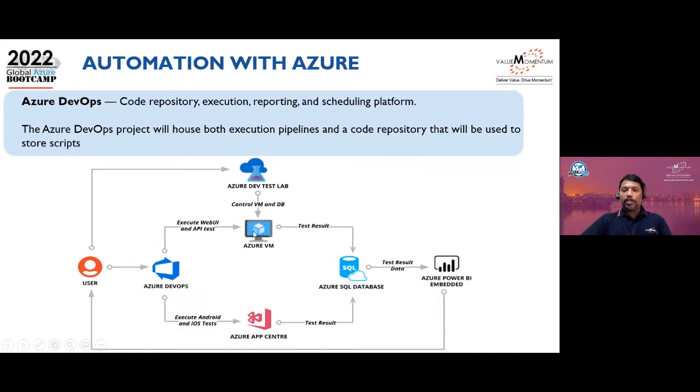Here we need not do anything manually. The virtual machines are auto allocated, and the items get triggered and run.